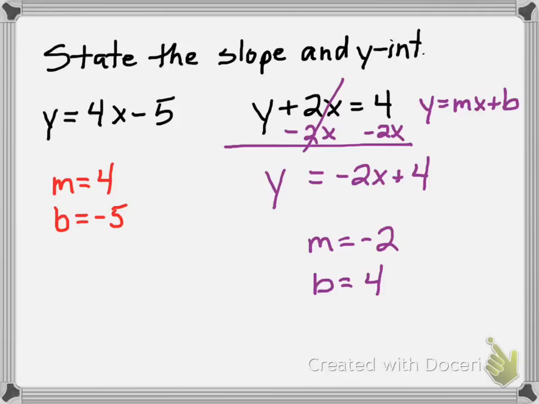So, you need to make sure that before you start looking at the m and the b, that you have it in the form y equals mx plus b. So if you need to move some things around algebraically, then you have to do that before you can see the m and the b.